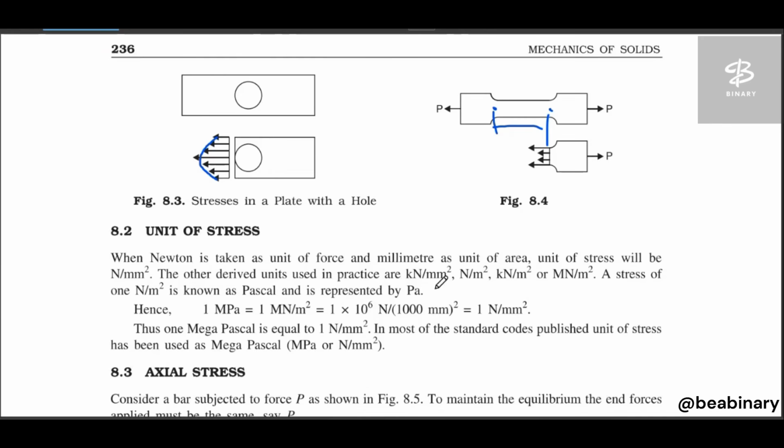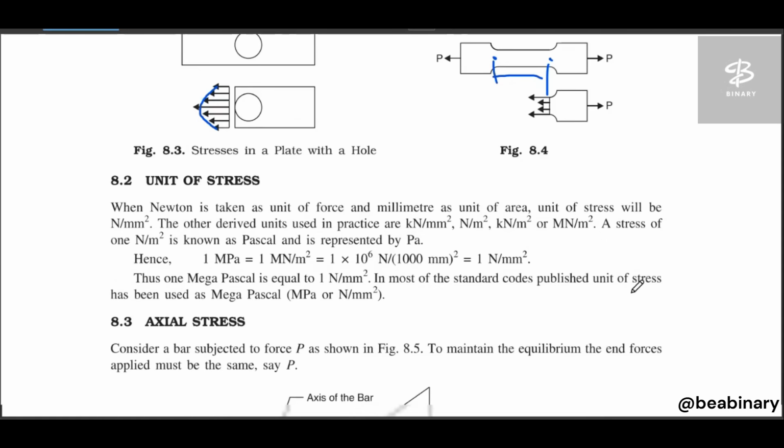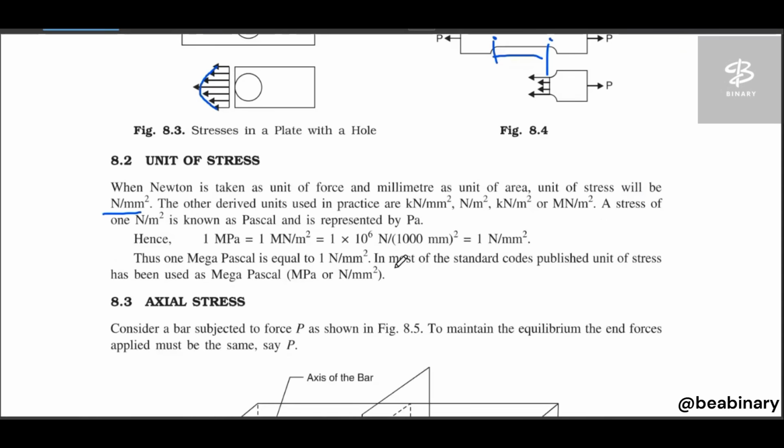So suppose Newton is taken as the unit of force and millimeter square as the unit of area, then the unit of stress will be Newton per mm square. Okay, millimeter square is the unit of area.